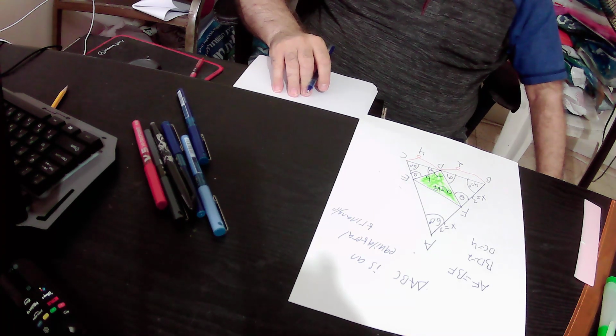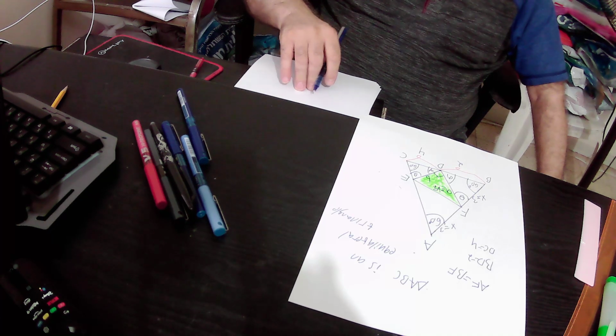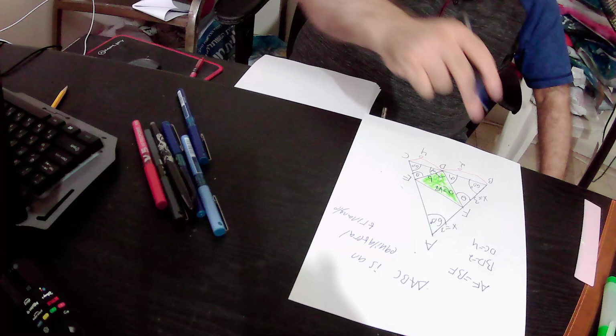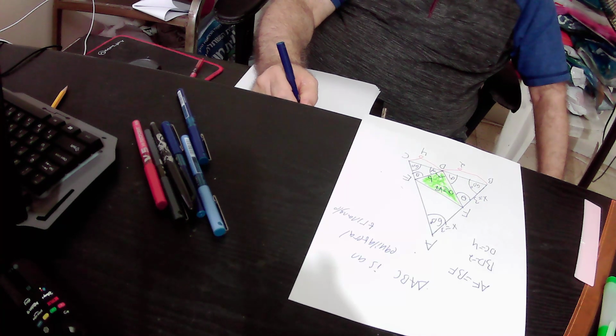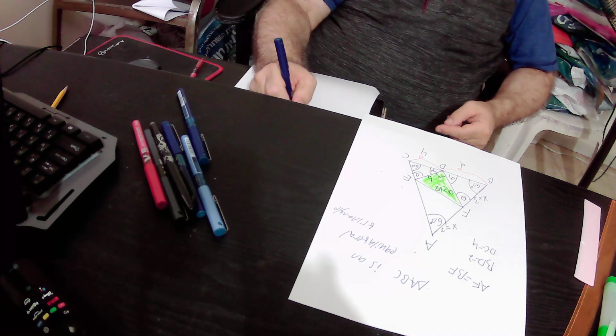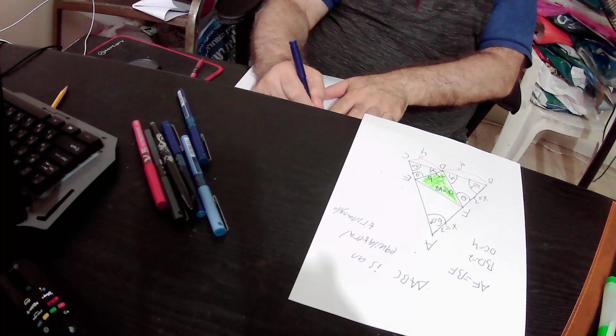Okay, we know that the sum of the angles in any triangle is equal to 180 degrees, and in triangle BFD it is also true that the sum of its three angles equals 180 degrees, so we will write it down. In triangle BFD the sum of its angles equals 180 degrees.